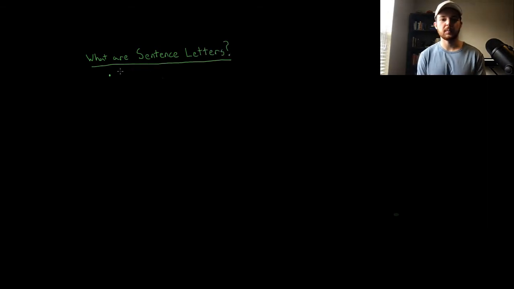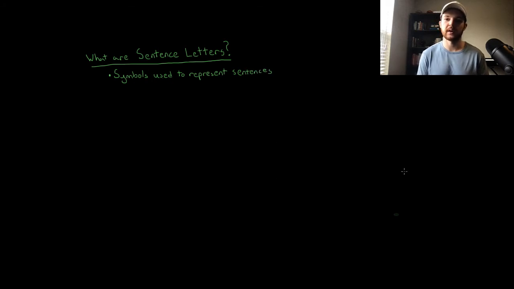So what are these sentence letters and how do they work? To keep things simple, we represent simple sentences with letters or symbols. You can use any letter you'd like, but oftentimes it's easier to use a letter where you'll recognize the correspondence between the letter and the sentence you're representing. Here are a few examples.